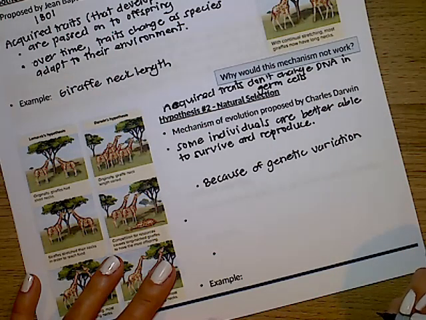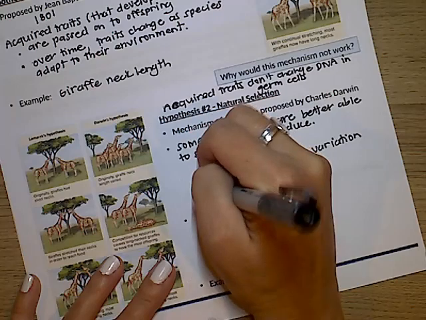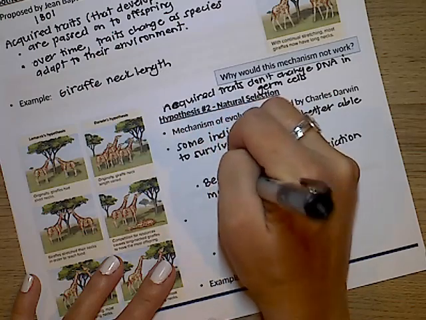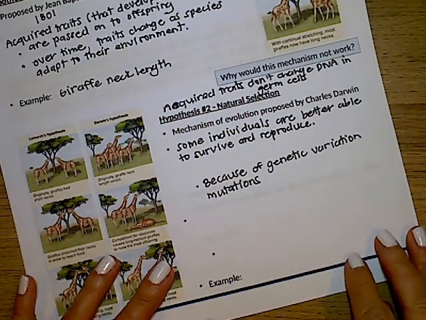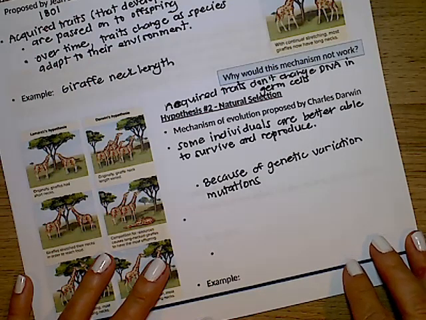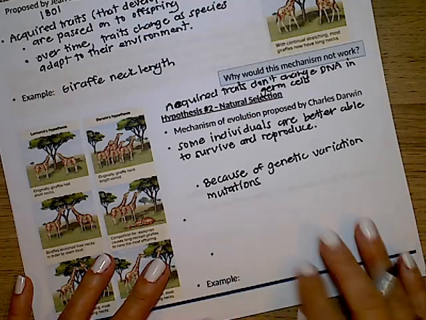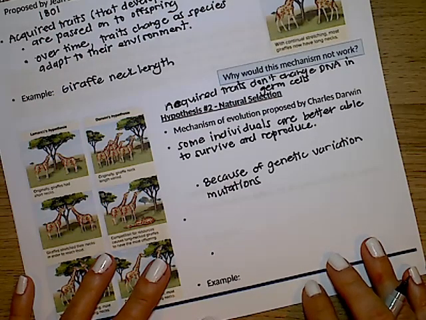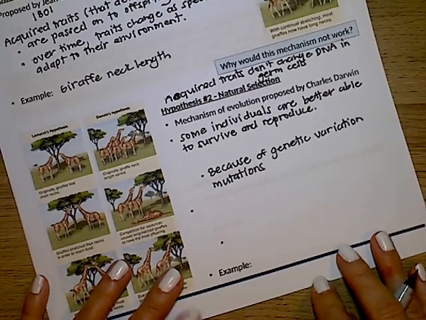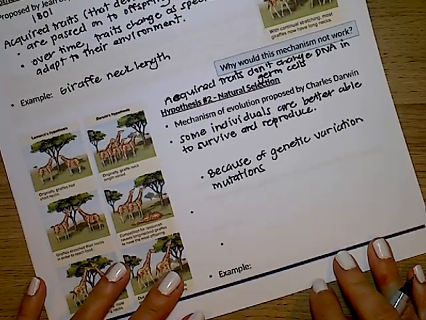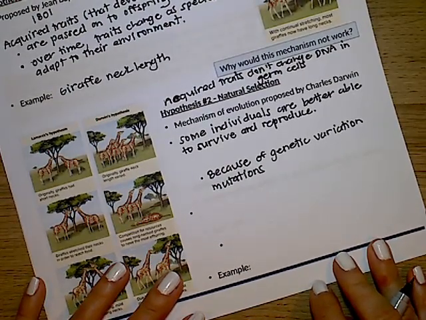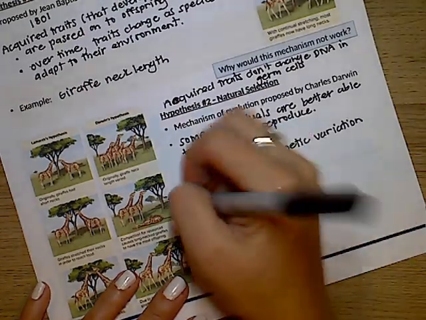And this genetic variation is a result of mutations, random mutations in the DNA, which can result in an advantageous trait, a disadvantageous trait, am I saying that right? And one that is neither an advantage nor a disadvantage. So those with traits allowing for better survival in a particular environment are more likely to survive and reproduce.